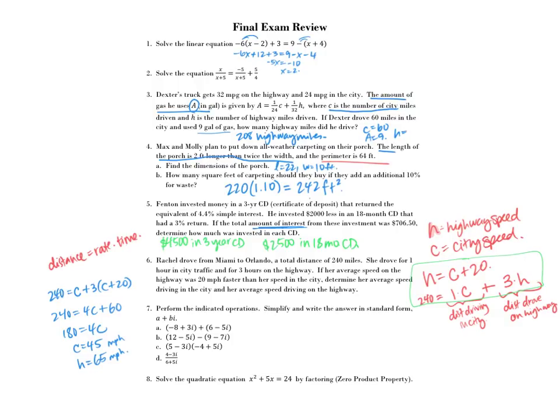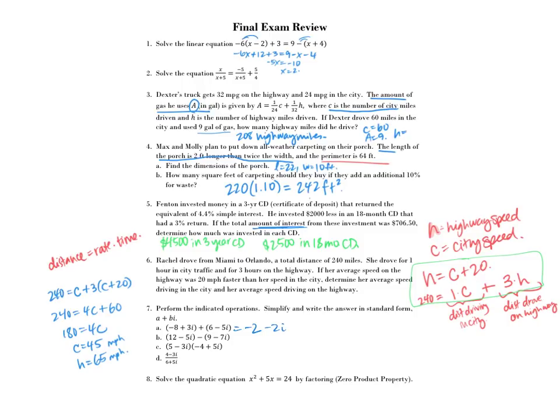The next one says to perform the indicated operations, simplify, and write in standard form. So for this one, I'm just going to add the real parts and add the complex parts. So negative 8 plus 6 is negative 2, and 3i minus 5i is minus 2i.